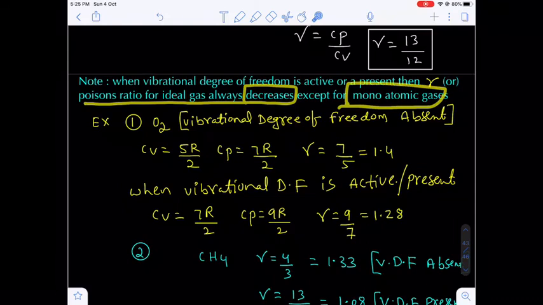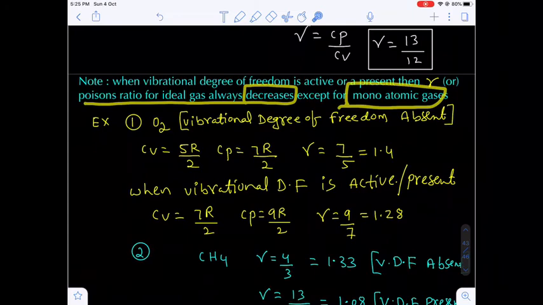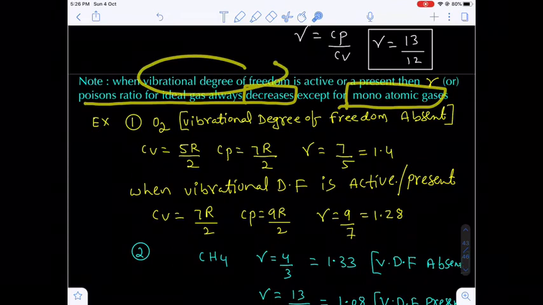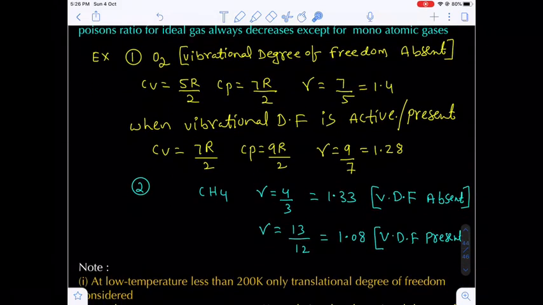That's why if the vibrational degree of freedom is active or inactive, there will be no change in the value of gamma in case of monoatomic gases. But the gamma value decreases for diatomic linear or polyatomic non-linear. Gamma value decreases when we consider vibrational degree of freedom.